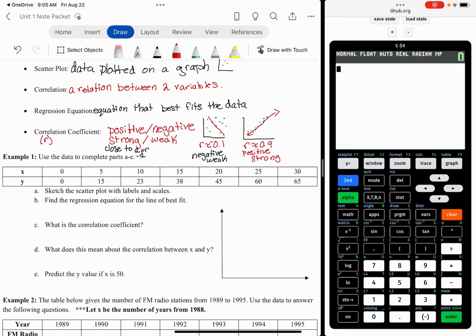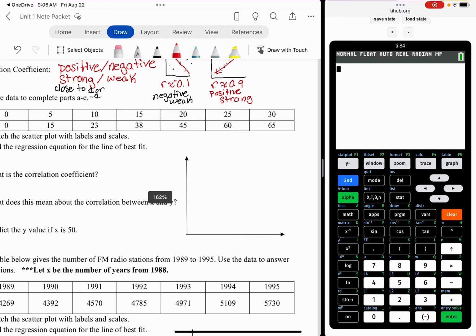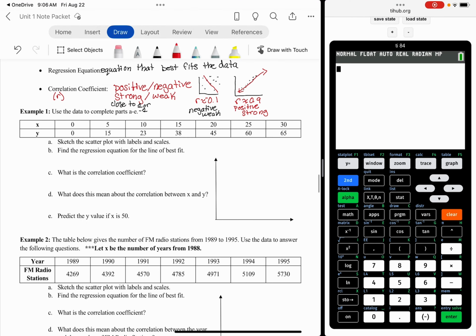Okay, so example 1, we're going to use the data to complete parts A through E. With this, we are going to sketch the scatter plot with labels and scales. So I'm going to go over exactly what is required. When we sketch a scatter plot, we need to label. So we're going to label our X and our Y axis. This one, we have our X values and our Y values.